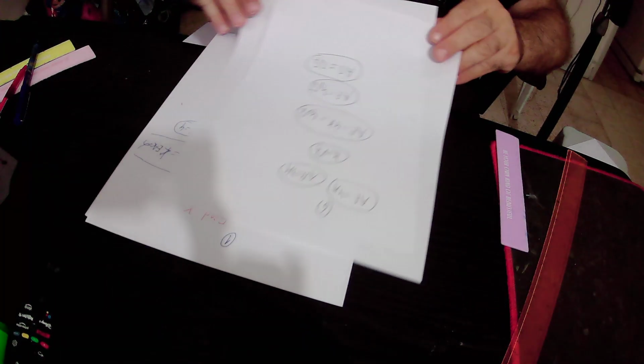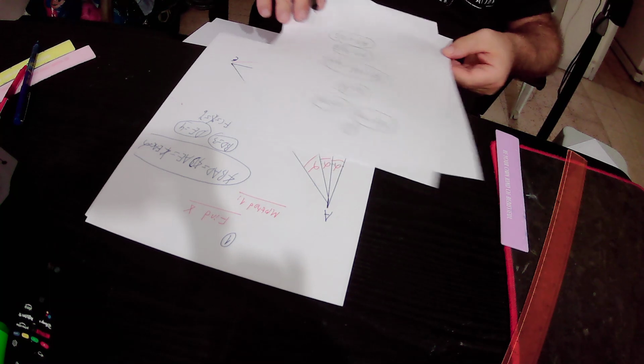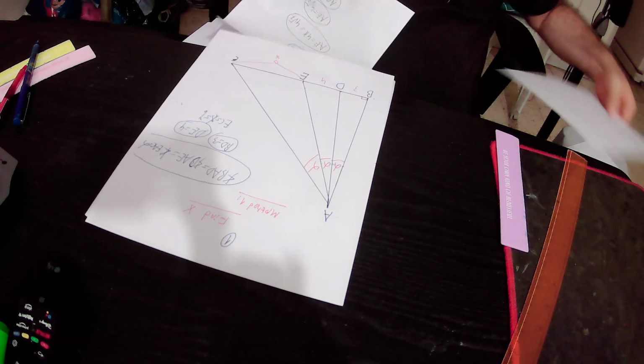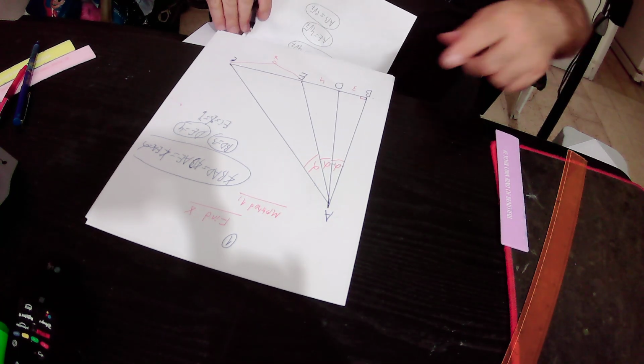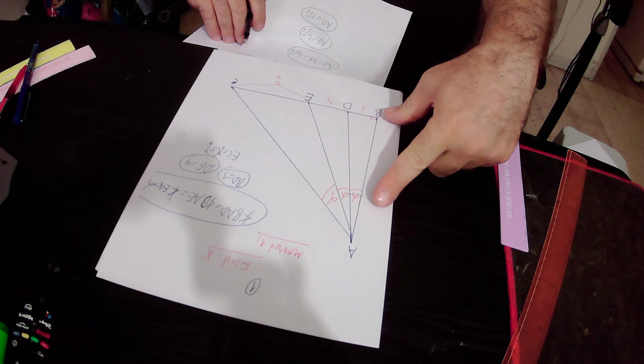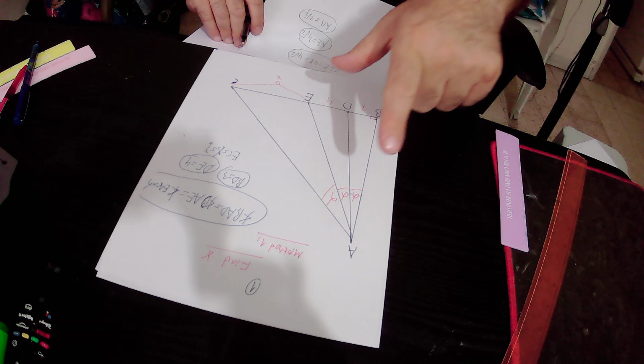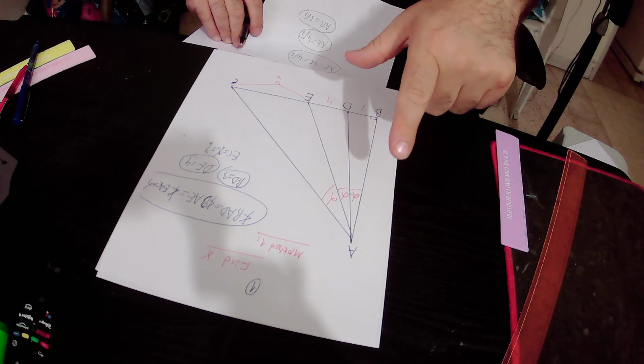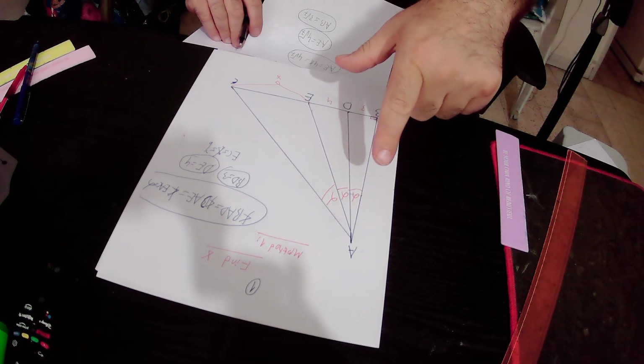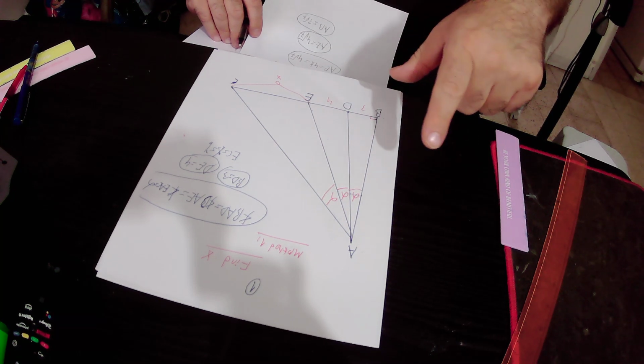And as you can see from the drawing, AB is the side of triangle ABC, and AE is actually a segment line inside triangle ABC.